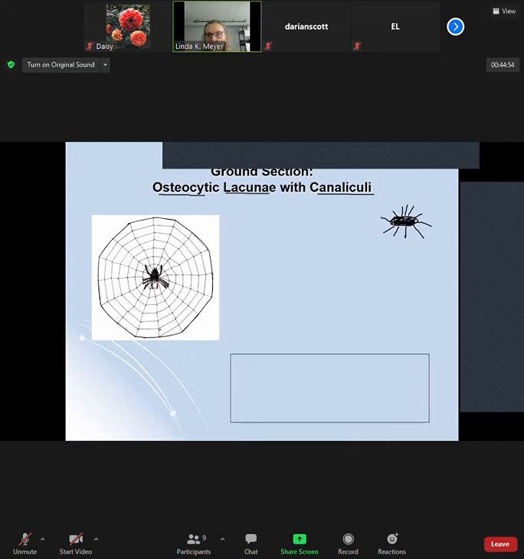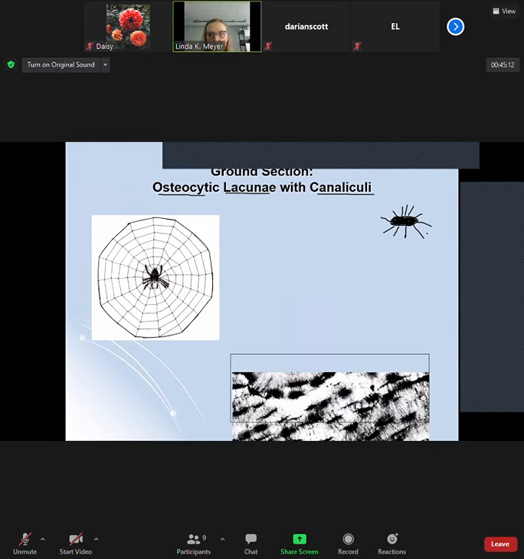Another analogy would be a fossil. With dinosaur fossils, we're not actually seeing the dinosaur, we're just seeing an imprint in rock or mineralized tissue where the dinosaur was located. It's the same with an osteocytic lacuna.